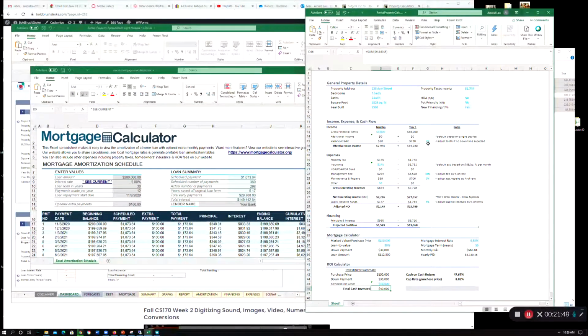You can have little inputs here to default things, do some calculations, and you come out with something down here at the bottom in terms of your cash on cash return and your cap rate for a property, let's say. So this is a very typical usage for Excel, right?